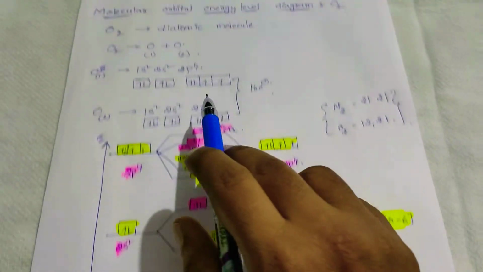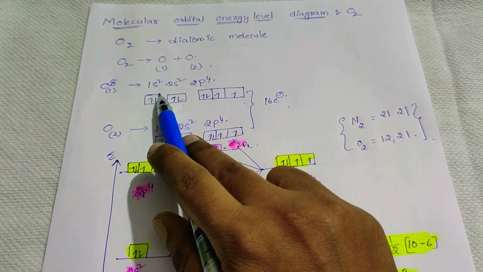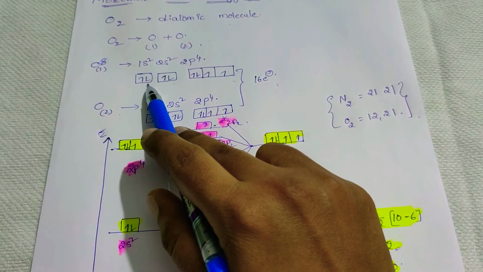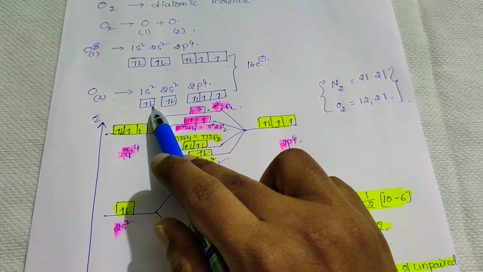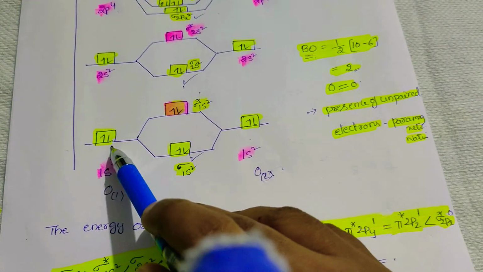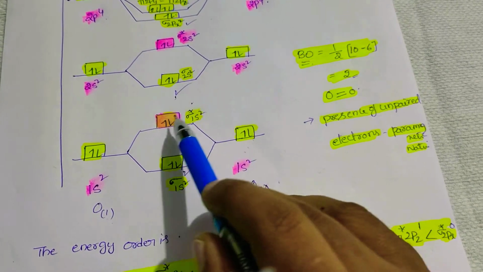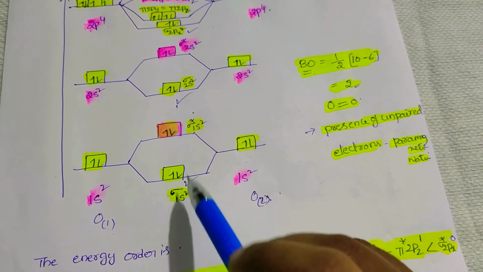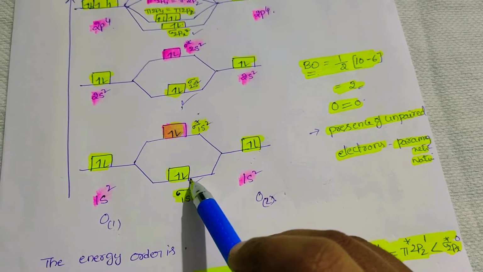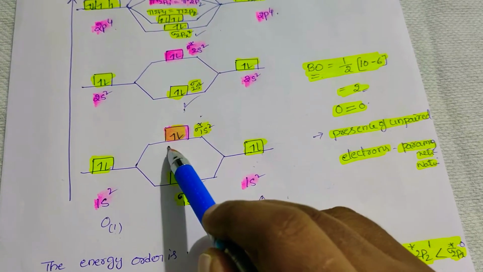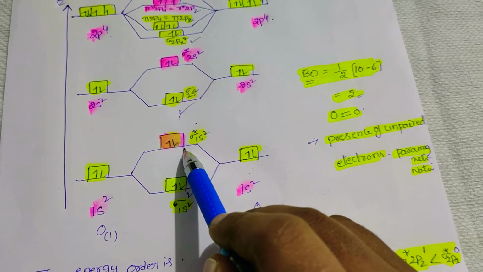The first oxygen's 1s orbital contains 2 electrons and the second also contains 2 electrons. So 2 plus 2, 4 electrons are participating in the 1s: sigma 1s2 has 2 electrons and sigma star has 2 electrons.